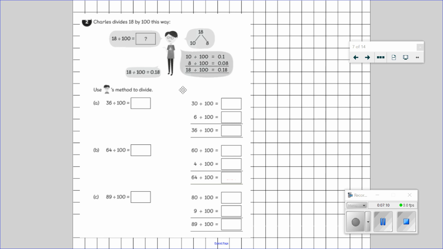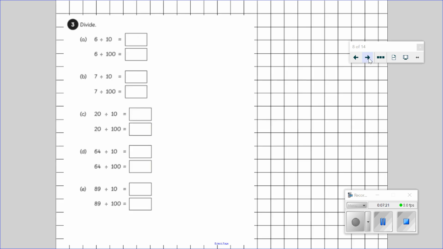And for this you need to use Charles's method to do these divisions. You'll find that you will have the same answer here as you do here. And this is the last page, asking you to do these divisions, 6 divided by 10 and then 6 divided by 100. And this is very, very similar to what we did in the guided practice.